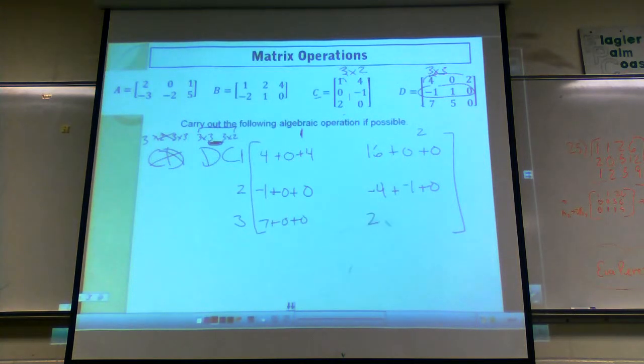Negative 5, 28. So the final matrix, guys, should be 8, 16, negative 1, 7, negative 5, and then 20.